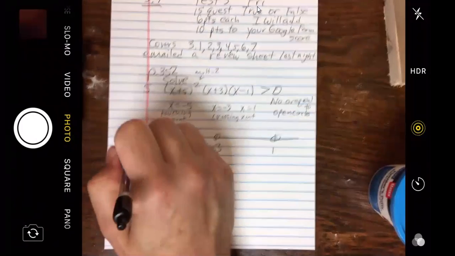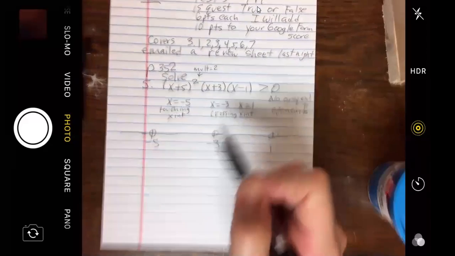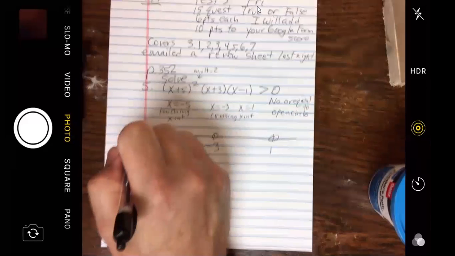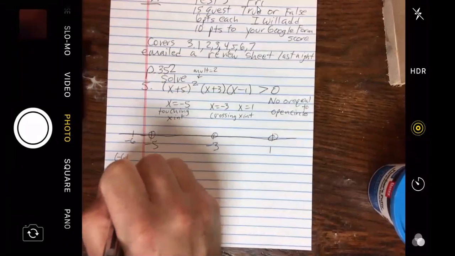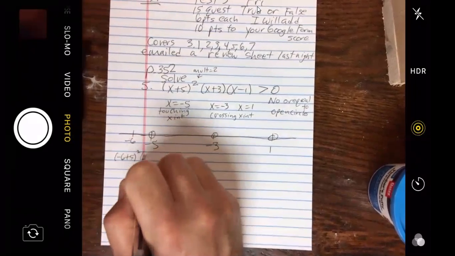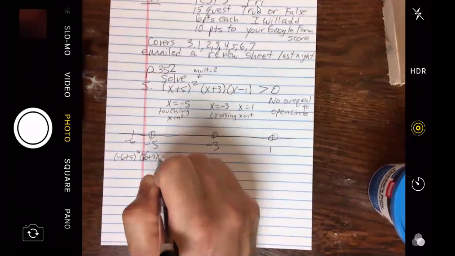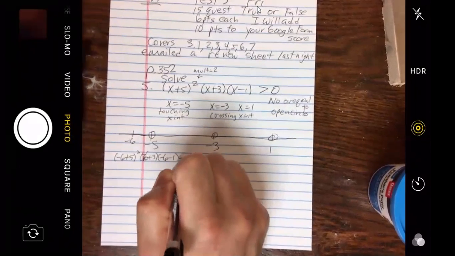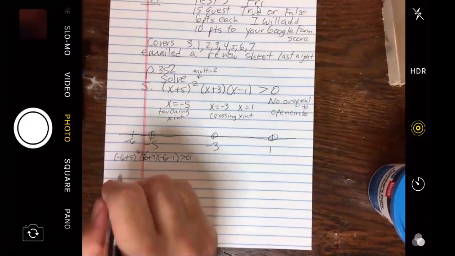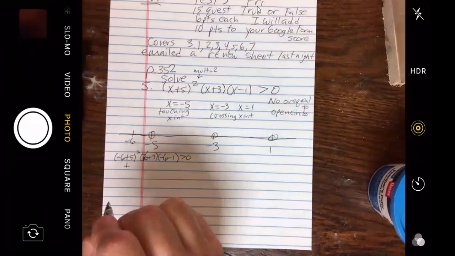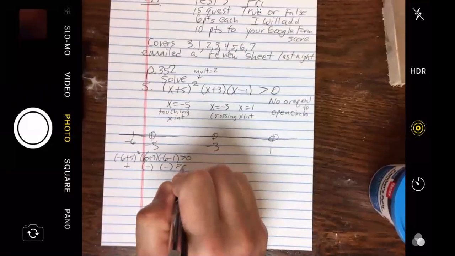We just have to figure out which of these intervals will give a result greater than 0. Start with -6, say. -6 plus 5 squared, -6 plus 3, -6 minus 1. Now you see what the square does here. Inside you're negative, but squaring turns that positive. This is negative, and this is negative. Greater than 0? Yes.